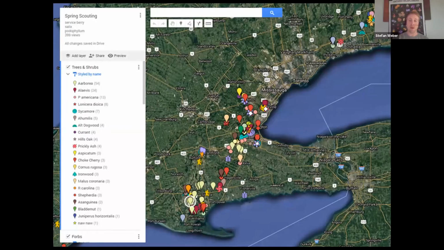So as a wild type plant producer, we would map remnant populations on the landscape and work with different land managers and conservation agencies across this zone to collect those remnant seeds and to scale them up ex situ in these orchards.